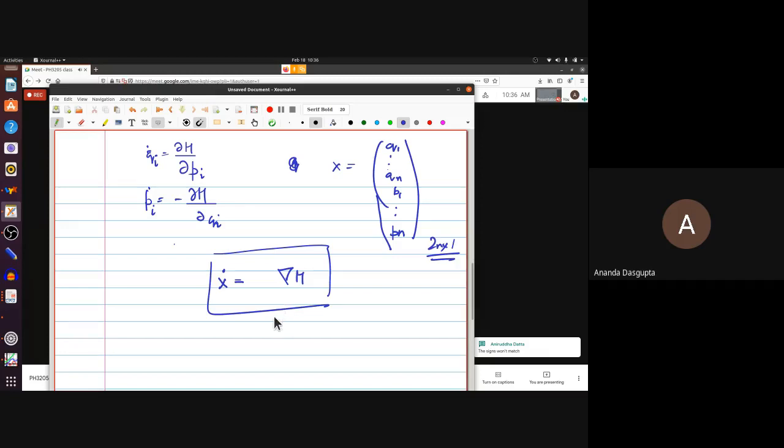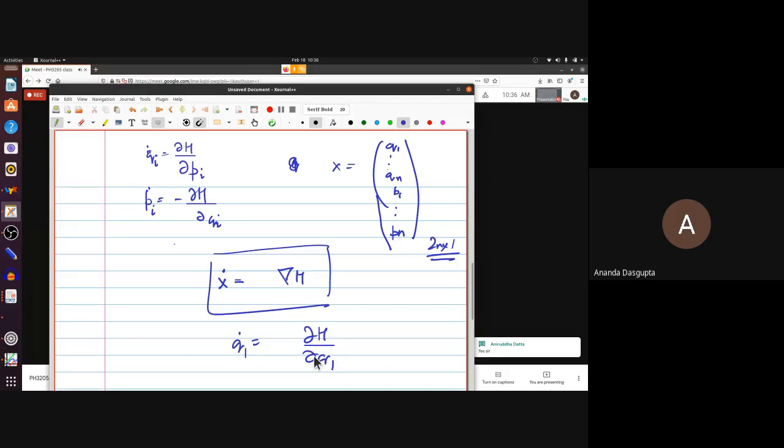More importantly, even the elements won't match. X dot equal to grad H would have meant Q1 dot is del H del Q1. That, of course, is not the case.